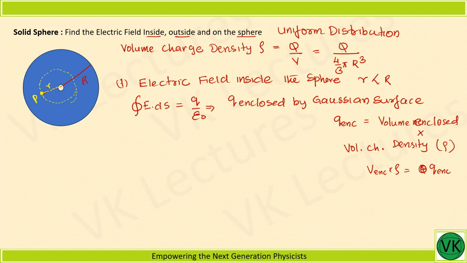So to get that integral, since E is constant, you can take E outside. So E into 4 pi r square equal to 1 by epsilon times V enclosed. V enclosed is equal to 4 by 3 pi small r cube.